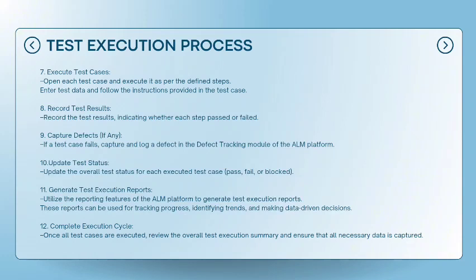Step 11. Generate test execution reports. Utilize the reporting features of ALM platforms to generate test execution reports. This report can be used for tracking progress, identifying trends, and making data-driven decisions. Last step.